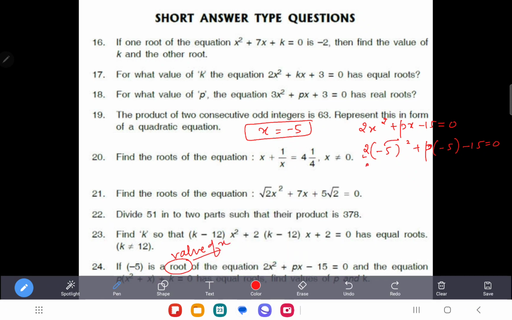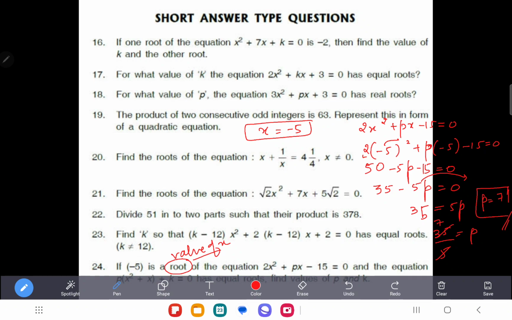And 25 times 2 is 50. Minus 5p minus 15 is going to be 0. So it is going to be 35 minus 5p is going to be 0. So here 5p shall move this side. And that is going to become 35 over 5. And that would be 7. So p would be 7. Understood or not?